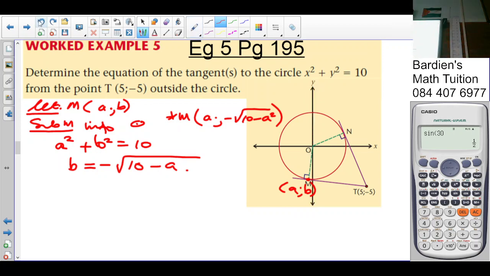Right. So what we do now is we work out the gradient. So we're going to use this soon. So we work out the gradient of OM. Since M is now this coordinate, don't forget. How do we work out the gradient of OM? It's y2 minus y1 over x2 minus x1.